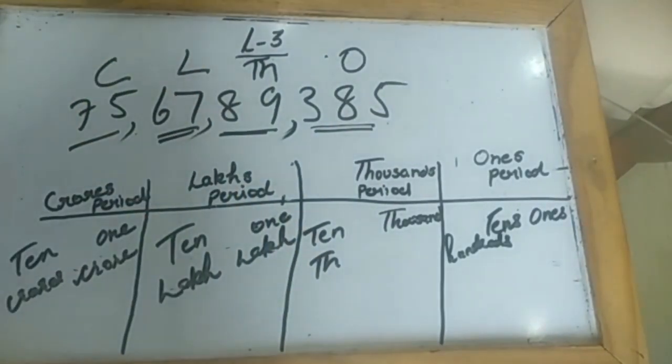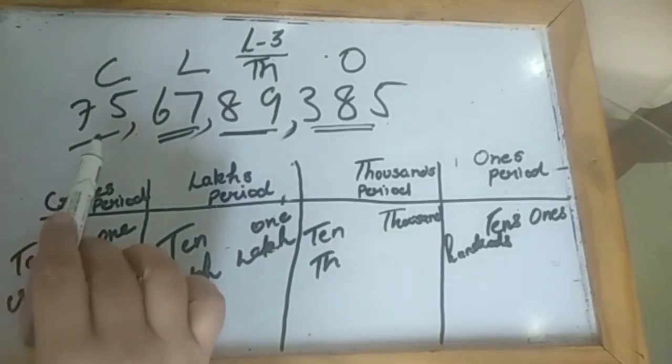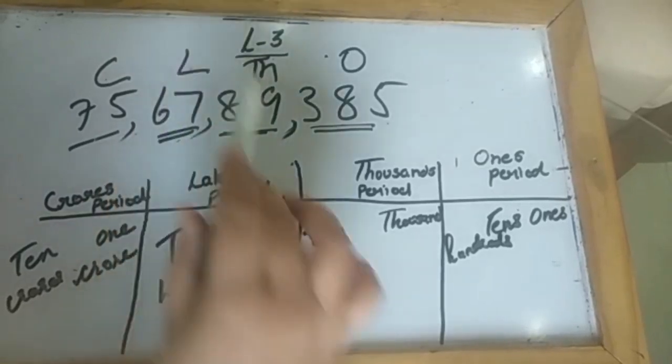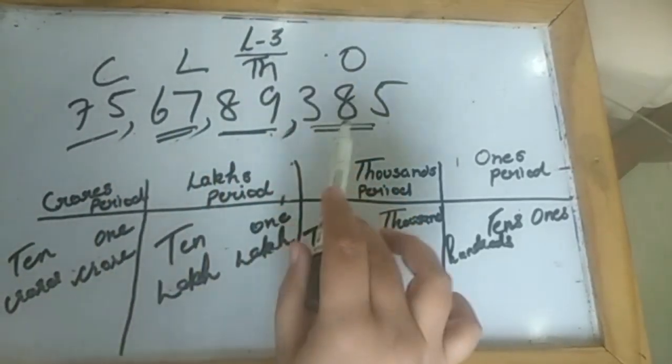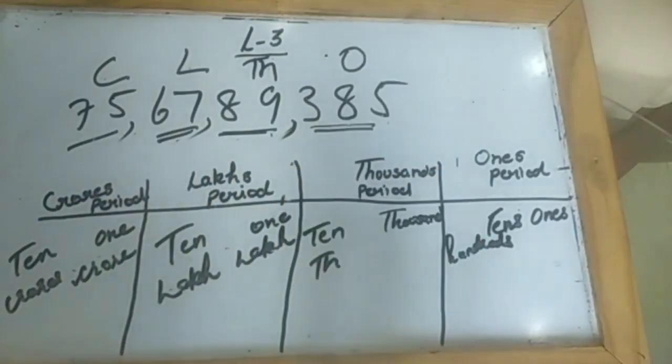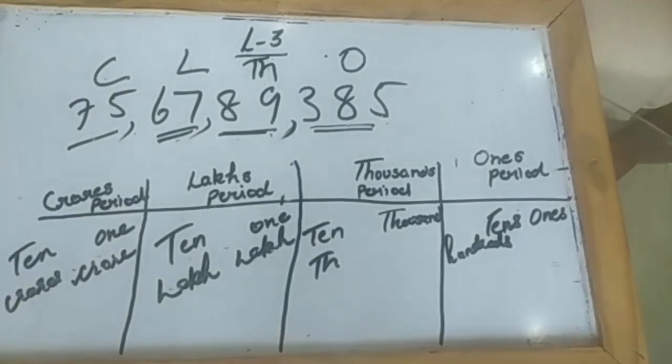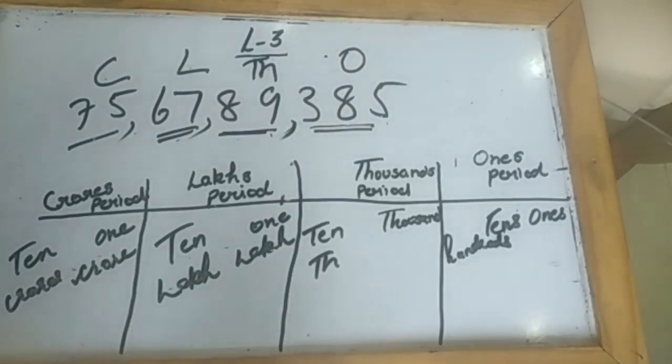So when I read the number, I will say that this is 75 crores, 67 lakhs, 89,385. So we read the number according to the periods and we put the commas also according to the periods.